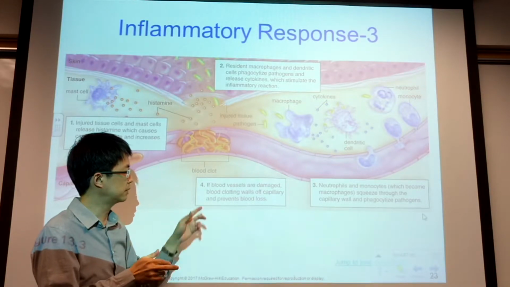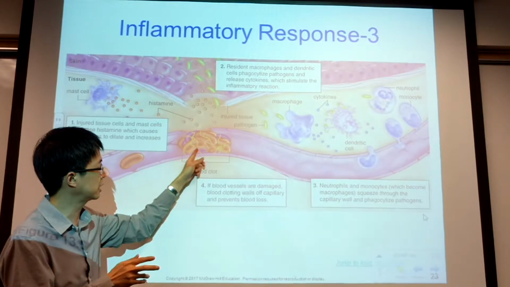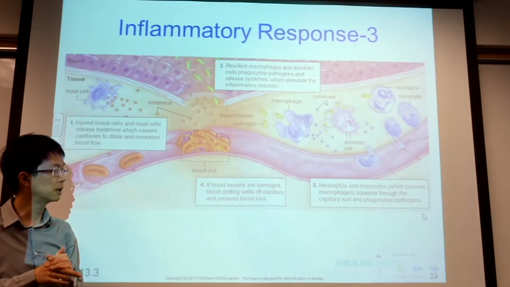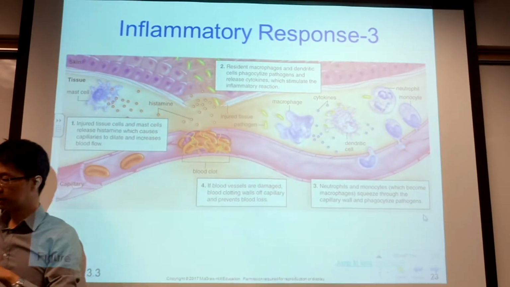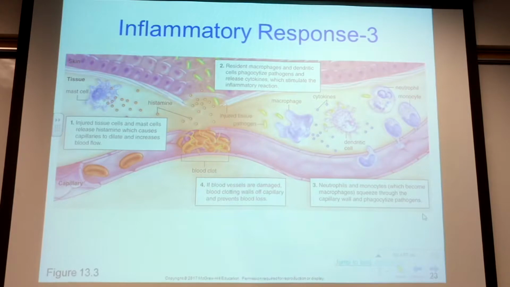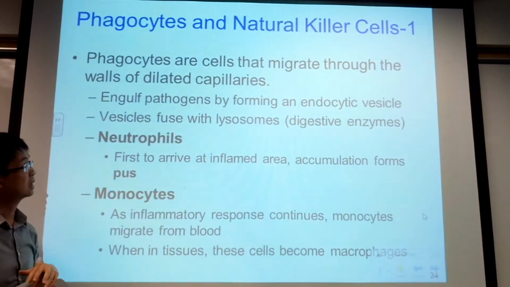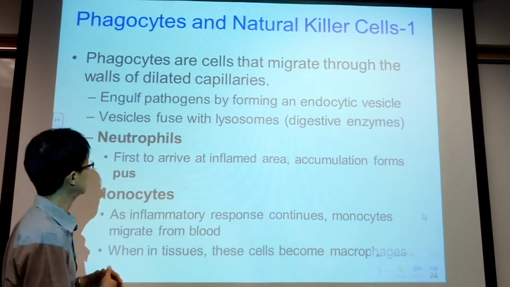And when the blood vessels are damaged, of course there's a blood clotting mechanism that we are not going to talk about in this part of the video. So basically, it's just a repeat of what we talked about here.